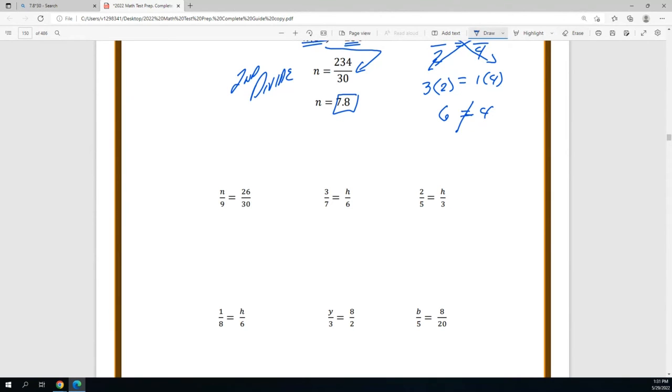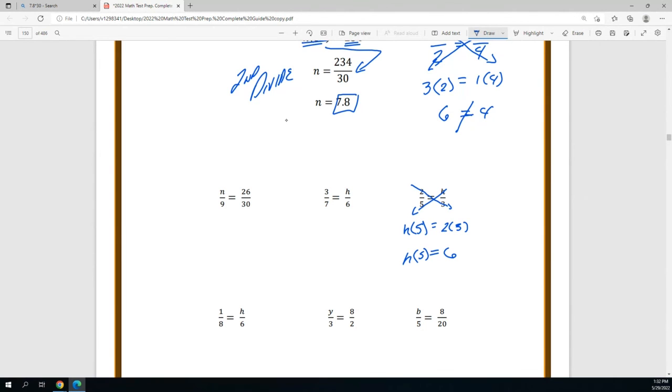So here we go. First step is to cross multiply. I want to show h times 5, and I want to show 2 times 3. Now, 2 times 3 is 6, but I can't multiply h times 5, so that's just left.